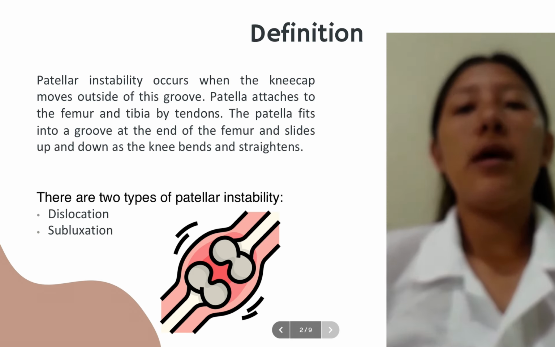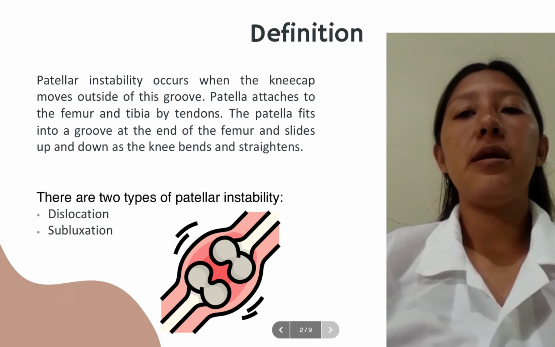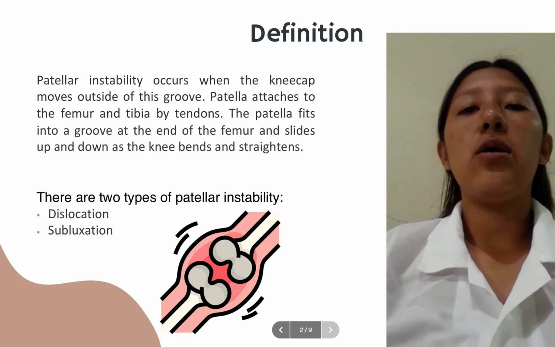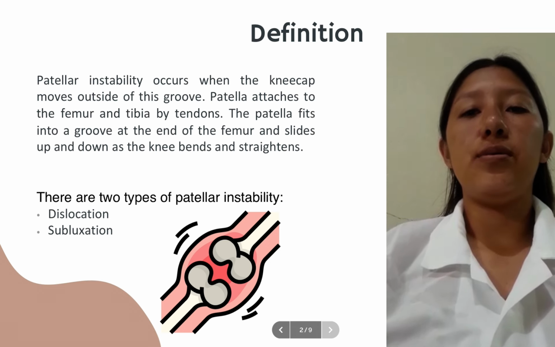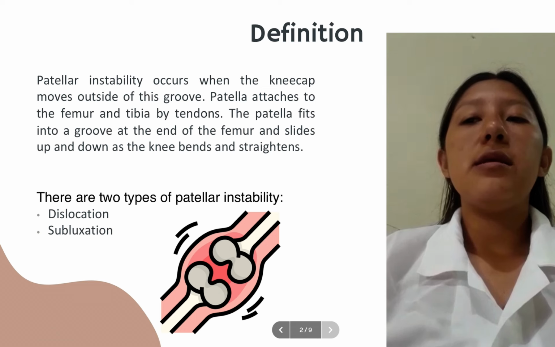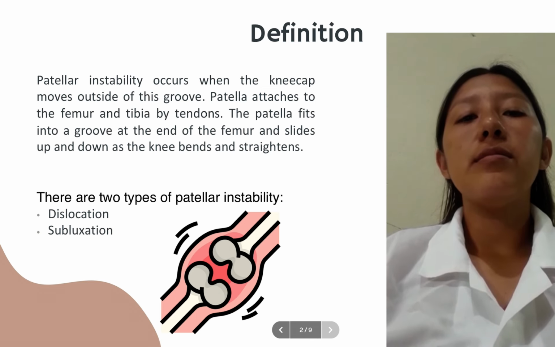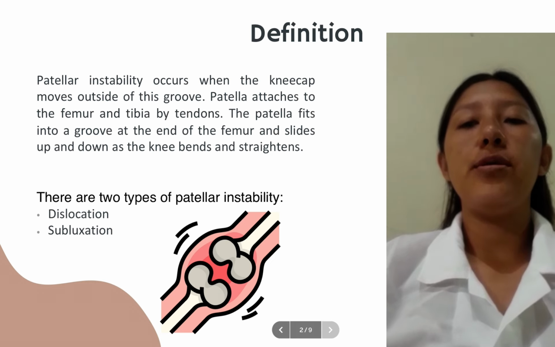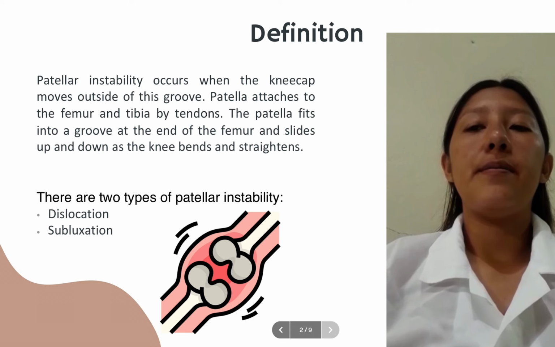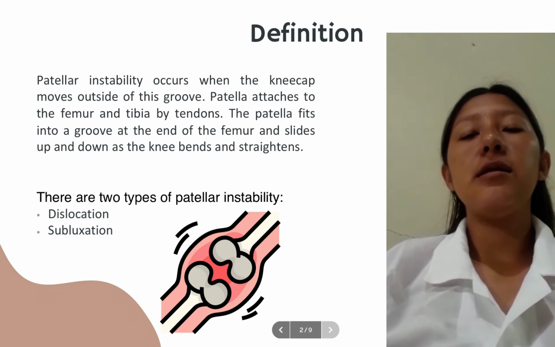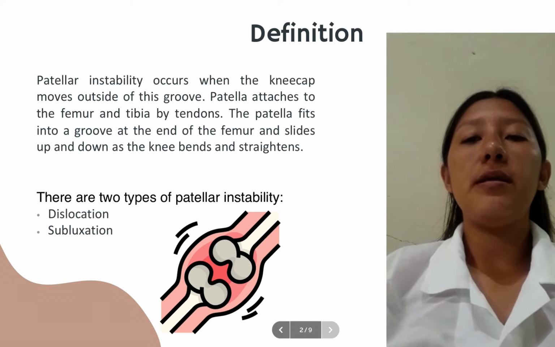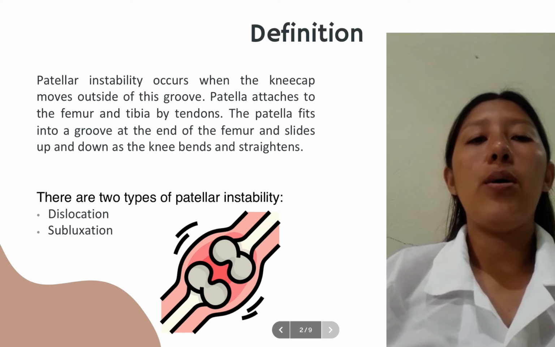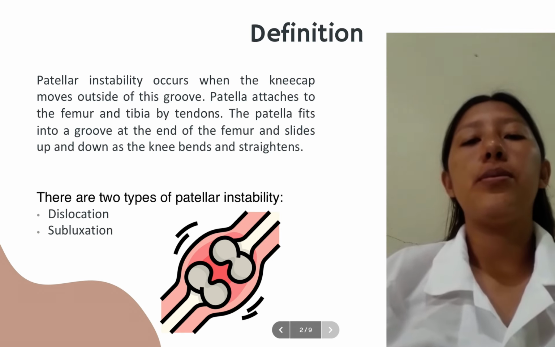There are two types of patellar instability. The first is known as a traumatic patellar dislocation. This is most often the result of an injury. In a patellar dislocation, the patella gets pushed completely out of the groove.